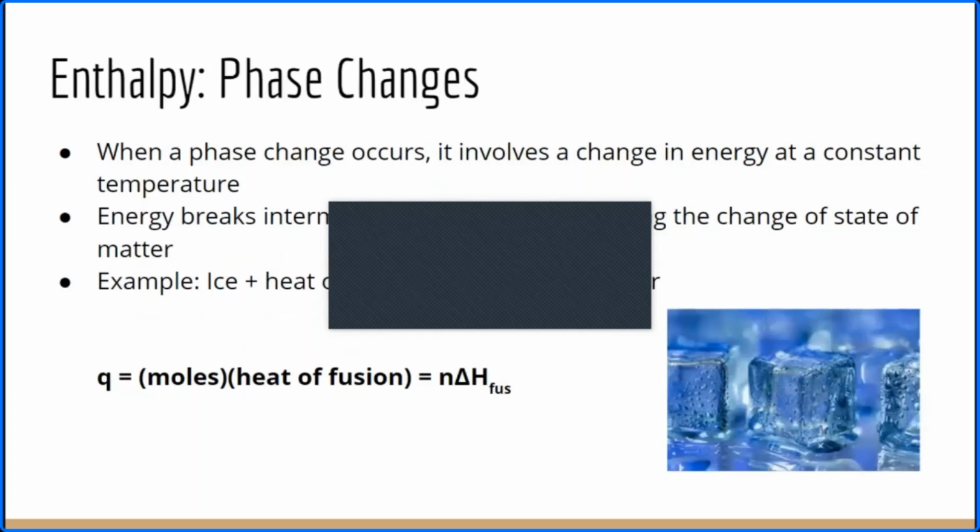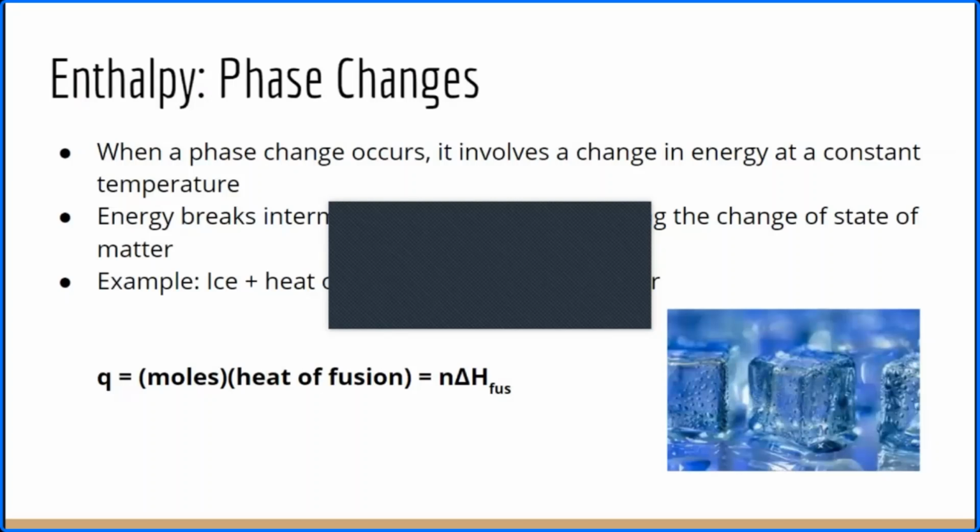When this phase change occurs, we're adding energy or we're subtracting energy, but it's maintaining a constant temperature because all of that energy is going into changing the state of matter rather than changing the temperature. So as I mentioned earlier, the energy either breaks or creates intermolecular interactions, causing the change of state of matter.